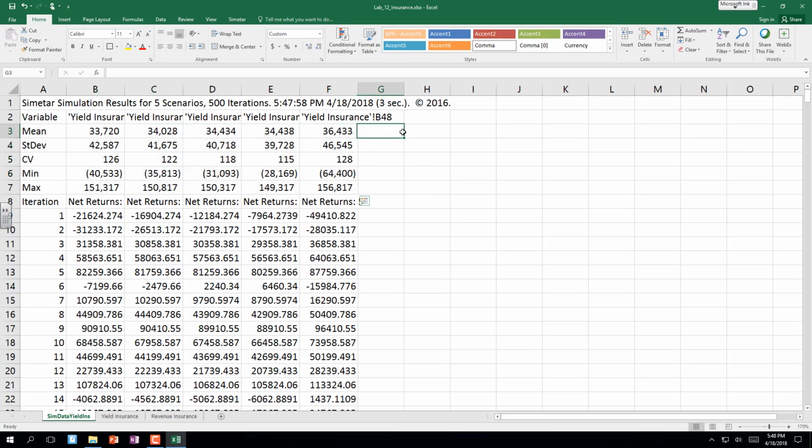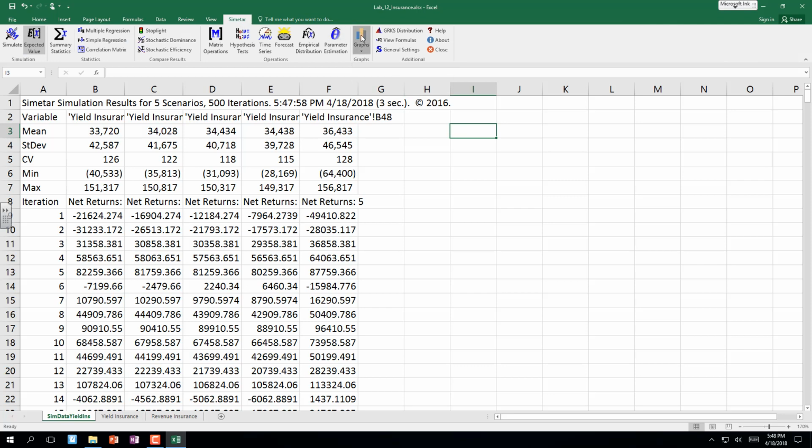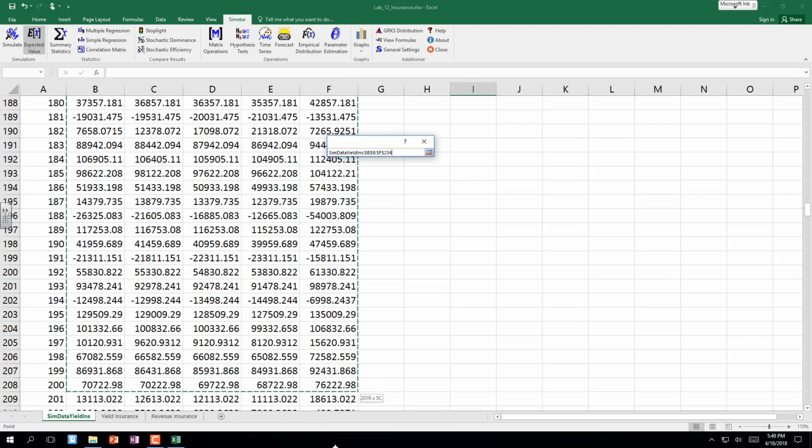Do we get numbers that look like that, folks? Okay. So, two things I want to do with that. First, I want a CDF chart of it to see how these interact.